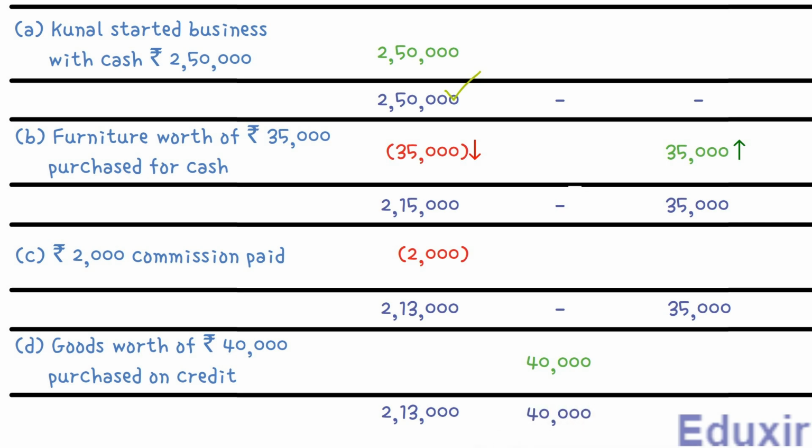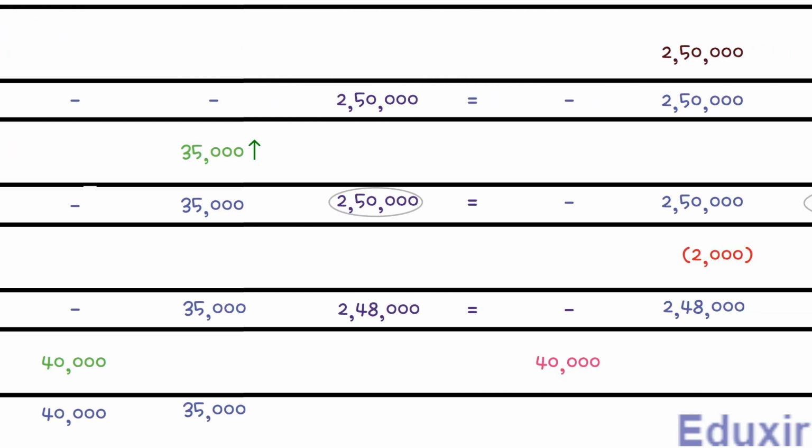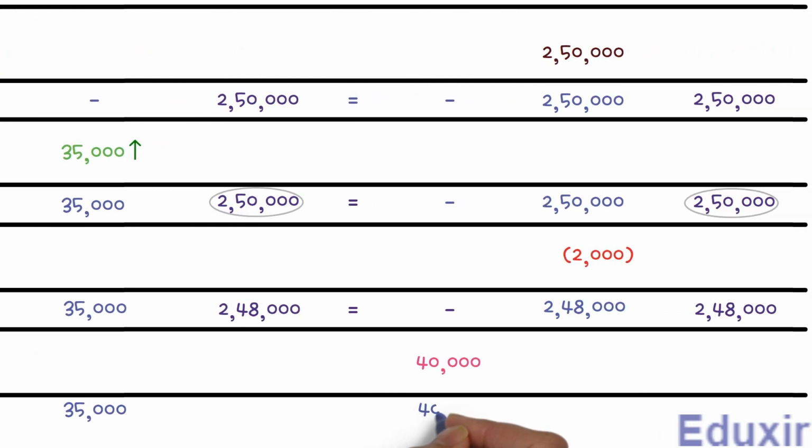There is no change in the furniture asset available with the business and it will remain the same as 35,000 rupees. On the right hand side, the liabilities of the business will now be 40,000 rupees. There is no change in the capital and it will still be the same as 2,48,000 rupees.